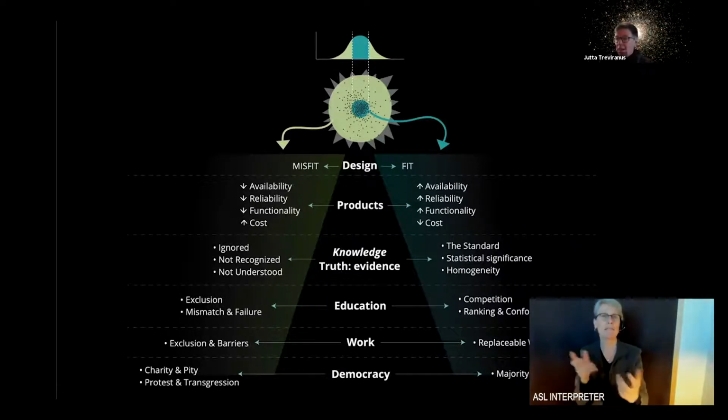And especially as our lives have gone online now with COVID, the availability, reliability, functionality, and cost of online systems works very well for people in the middle and is getting better and better. But for anyone that requires alternative access, it's often decreasing in availability, reliability, functionality, and cost.